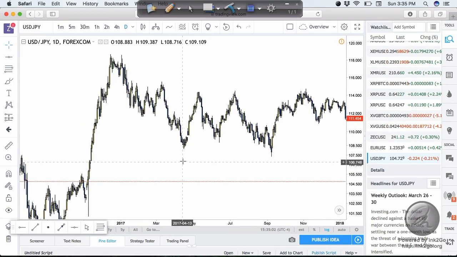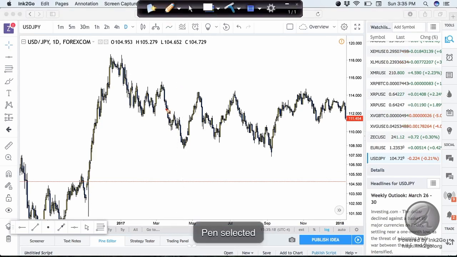They do contain, like as a fractal, which means that there's one pattern within another pattern within another pattern, which makes it pretty complicated sometimes, but also it makes it a lot easier to identify when a wave pattern is around. So what we're going to do is consider that this move down is an impulse in USD JPY.